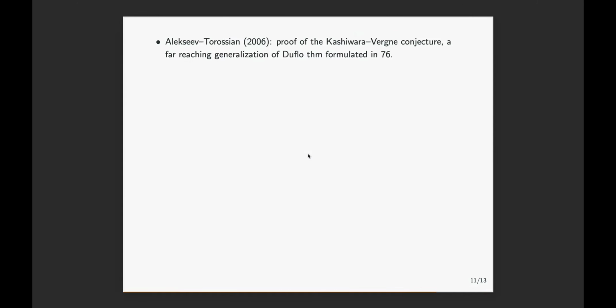Sort of another motivation to switch to a different perspective is the proof in 2006 by Alexei Torossian of the Kashiwara-Vergne conjecture, which was a sort of far-reaching generalization of the Duflo theorem formulated in 1976. That's not the first proof of that conjecture, but the first proof found only 2 years before by Alexei and Meinrenken. And it's kind of surprising because the proof uses associators, and when you look at the paper, a lot of things look like they should have something to do with the setting of Kontsevich.